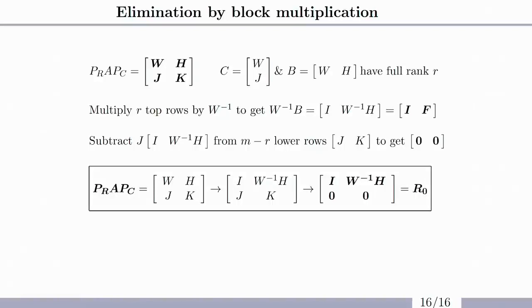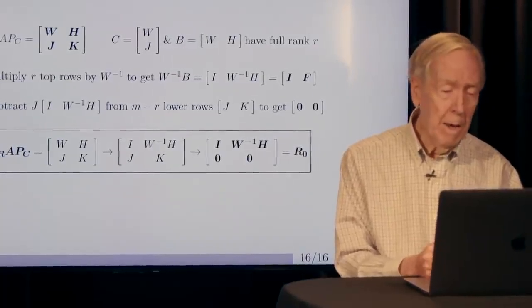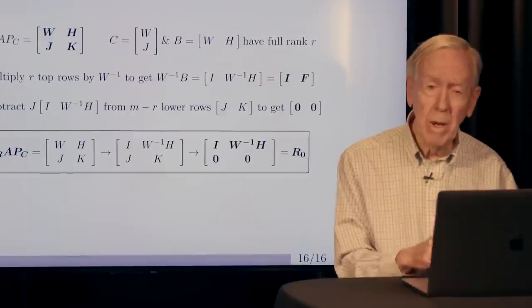So that's what elimination is doing in a real shorthand. It's taking a 2 by 2 block matrix to that matrix R at the end, with a 0 block row and an identity block in the upper corner. So that is elimination and the solution of, and finding the null space.